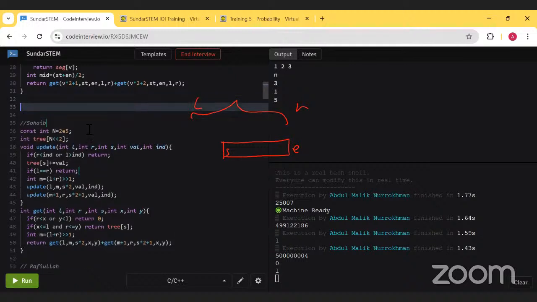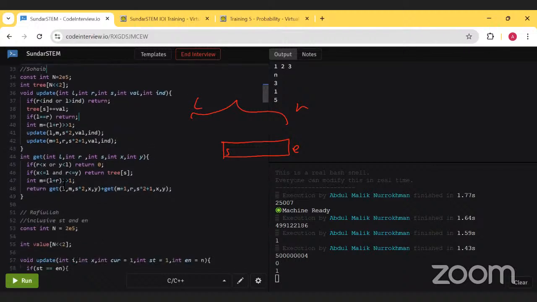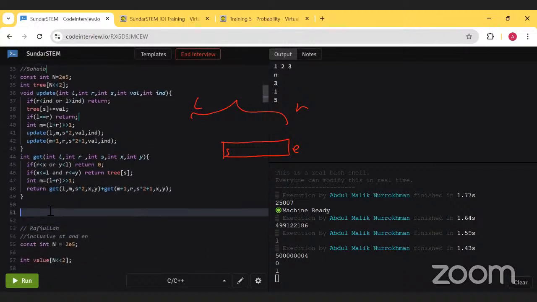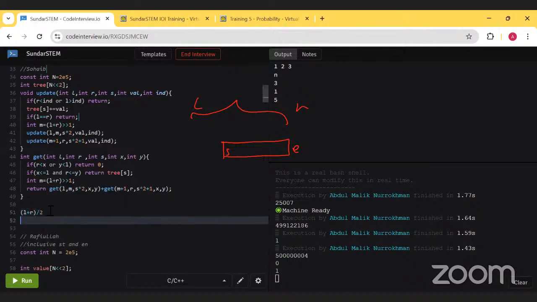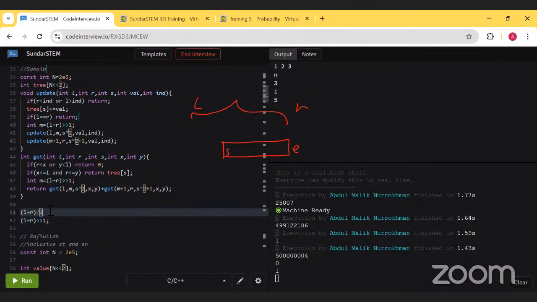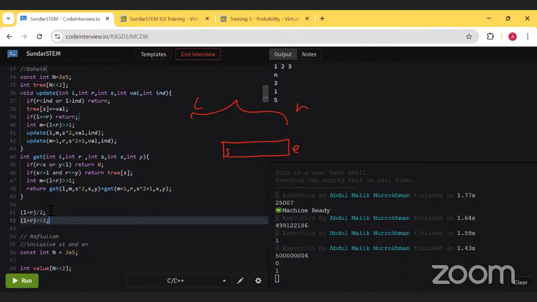And also to find the middle like this, this is the slower way, and this is the faster way. But again, this just reduces the constant, not the complexity. The complexity is still the same, logarithmic n. So this is not too affecting.